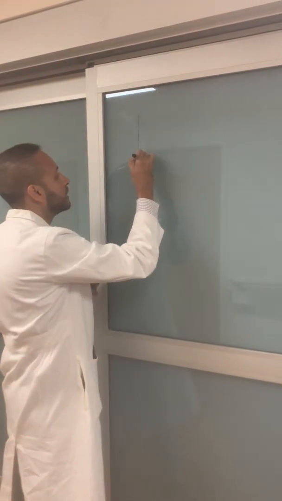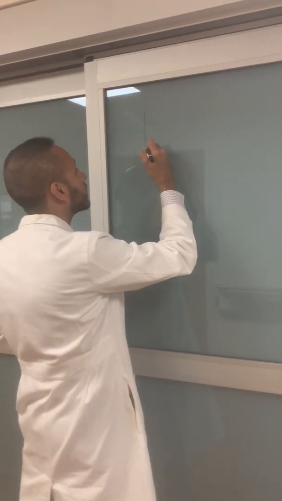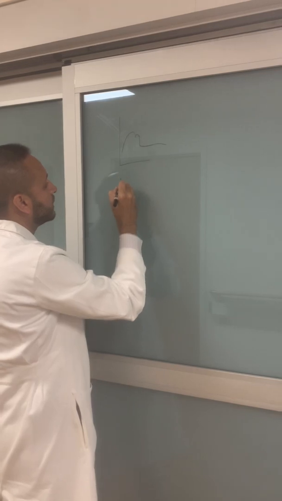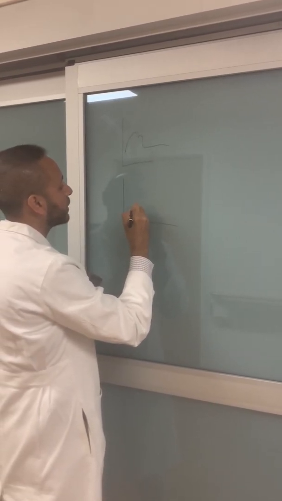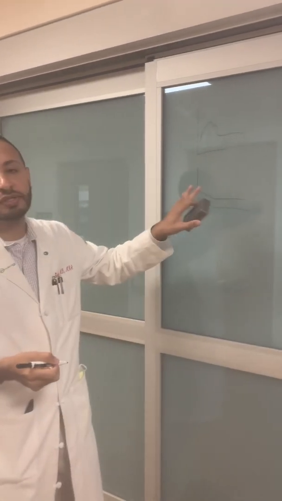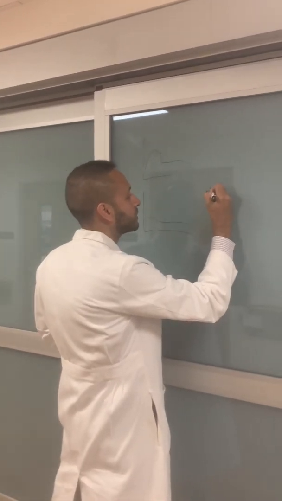So if we say a normal waveform is like this, sometimes your waveform will look diminished. What are the causes of being diminished? Very easy actually. One is obstruction.